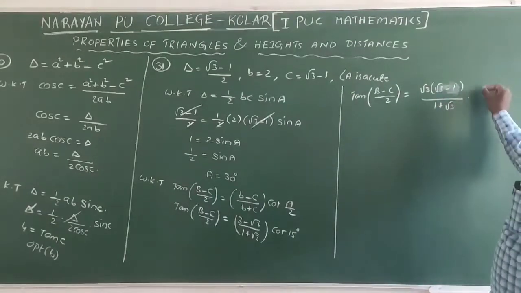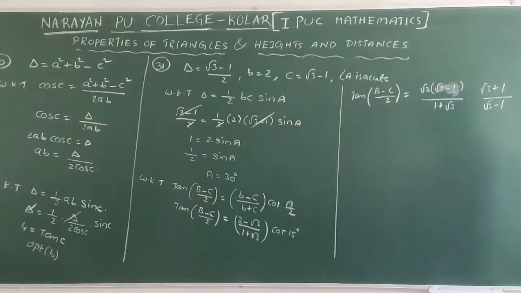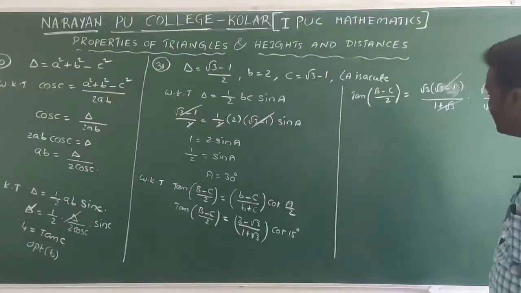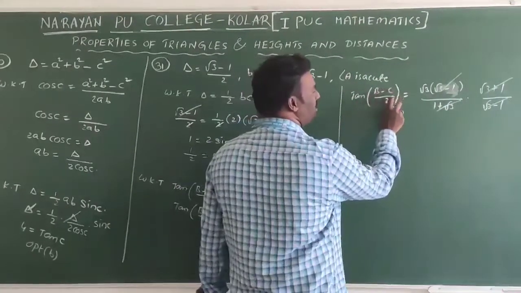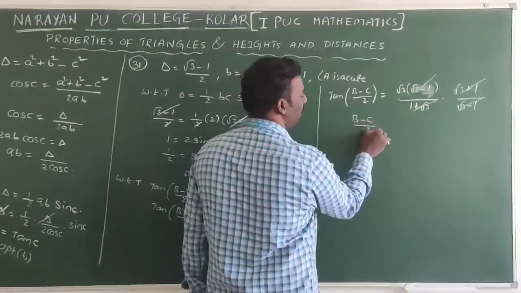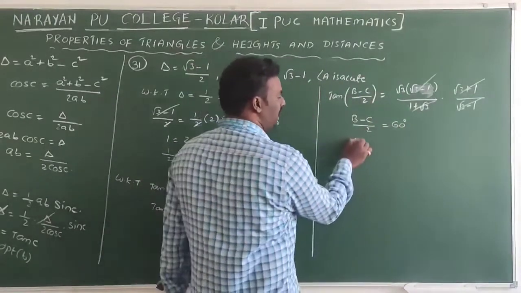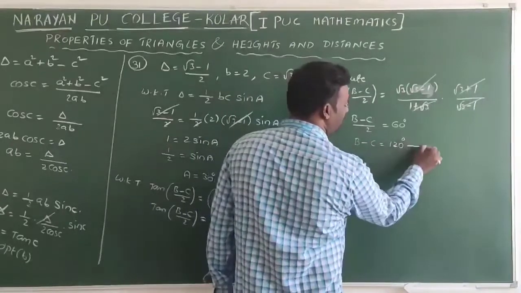And cot 15 value is root 3 plus 1 by root 3 minus 1. Now root 3 plus 1 and root 3 minus 1 get cancelled. Finally, what is remaining? Tan of (B minus C) by 2 is equal to root 3. When is tan value root 3? Tan 60. Now from this we can write B minus C is equal to 120 degrees.